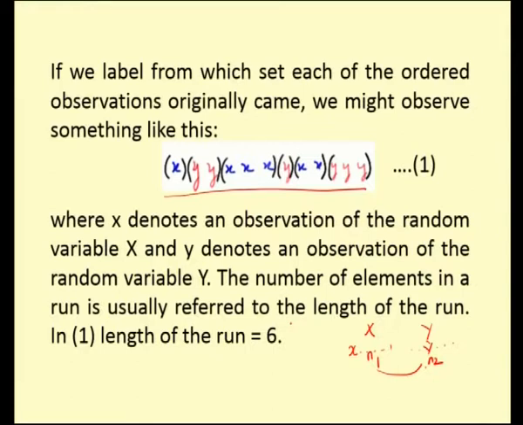So you take the observations of x, x1, x2 and so on, and for y you write y. Say n1 is equal to 2 or 3, and for y you take n2 is equal to 5. Put them together and arrange them in increasing order.